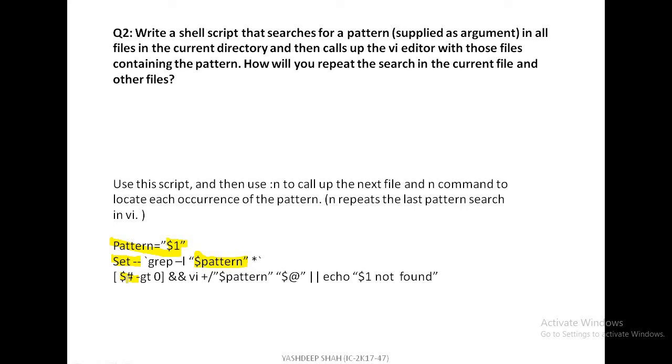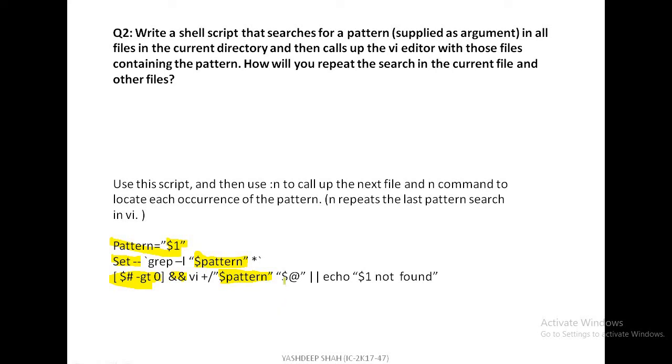$# means the specified argument count. If it is greater than 0 and this is true, then the AND will execute and it will call the VI editor, and in the VI editor it will search for the value of $pattern, that is, whether the similar pattern is present or not.